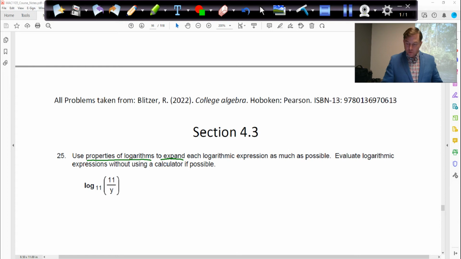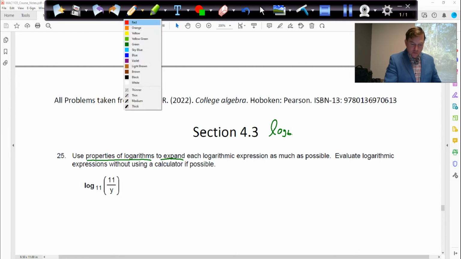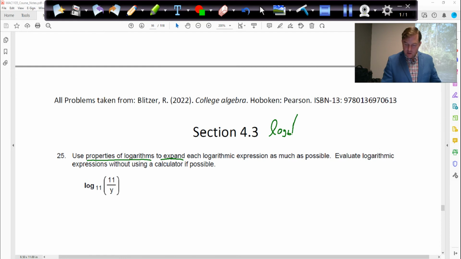Okay, so the first one we're going to need is this rule. If you have the log base b of m divided by n, we can break that into two logs: log base b of m minus log base b of n.